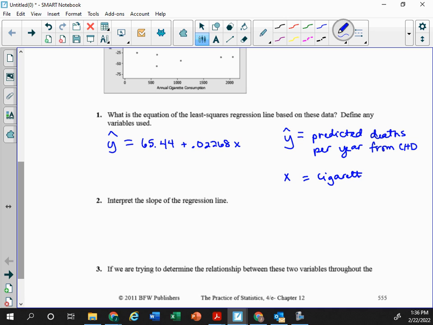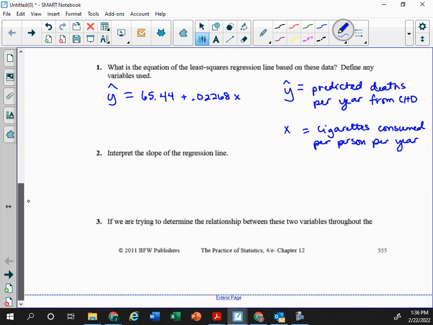Sounds like you're eating cigarettes. Per person per year. Okay, so far same as Unit 8, right?